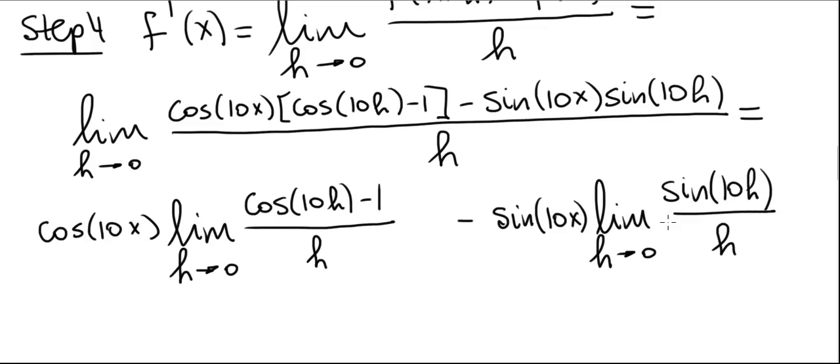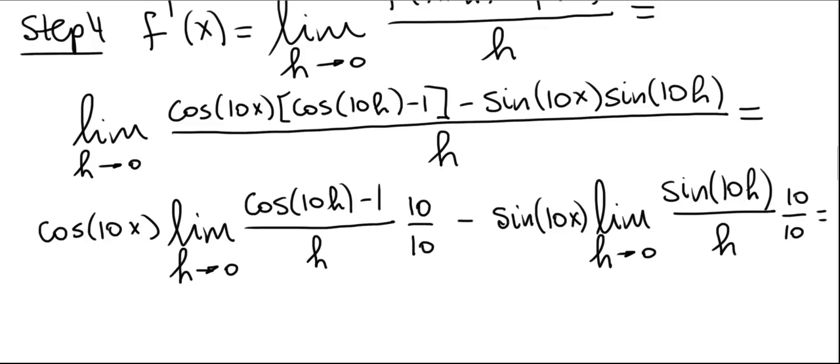Now we need to do one more thing, because we have 10h inside cosine and sine and h in the denominator. We want those to be the same, so we're going to multiply the first limit by the ratio 10 over 10, which is 1, and the second one by 10 over 10 as well.